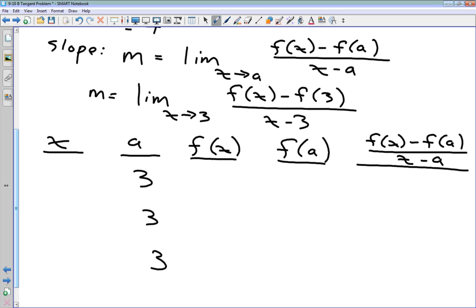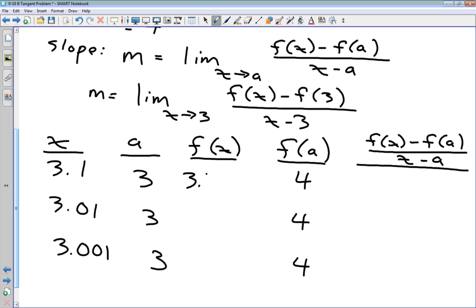And we're going to choose x values that are close to 3, but get closer and closer as we go along. So 3.1, 3.01, 3.001. Okay. And we're going to evaluate our function both at x and at f at a. Well, f at a is not going to change. So it's going to be 4, 4, 4, no matter what we do. f at x is going to change as we change the value of x, moving it closer and closer to a.